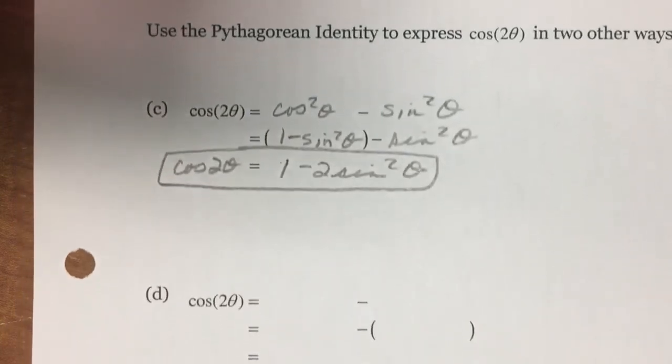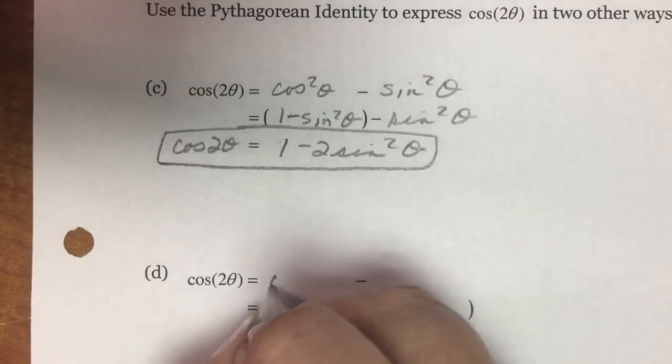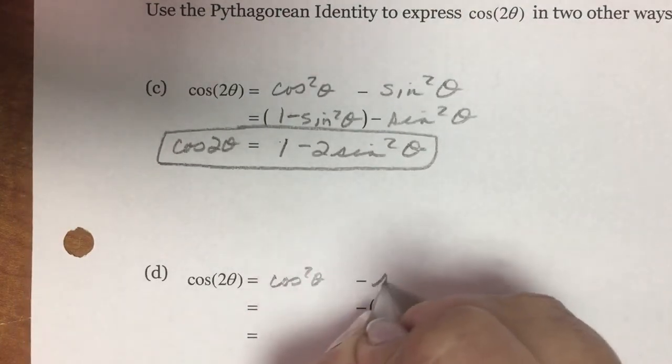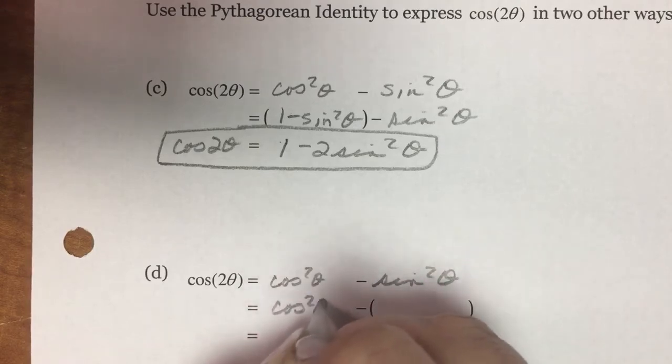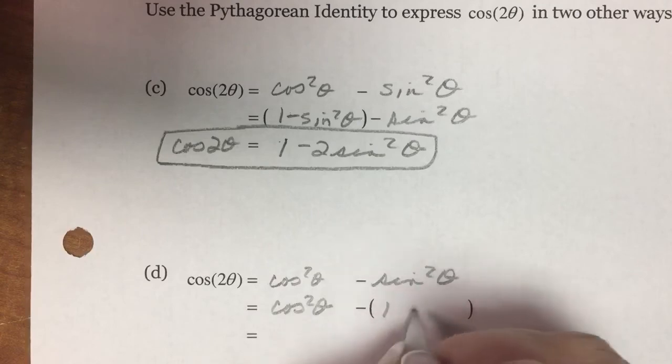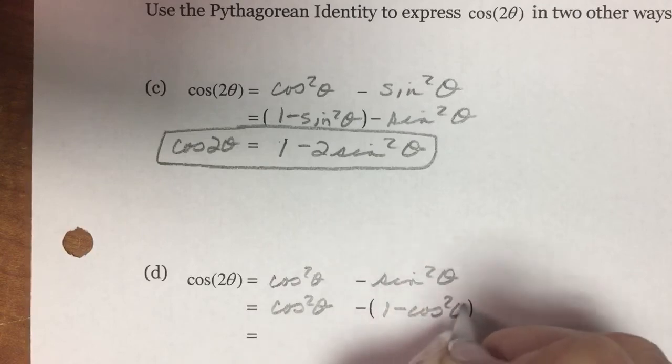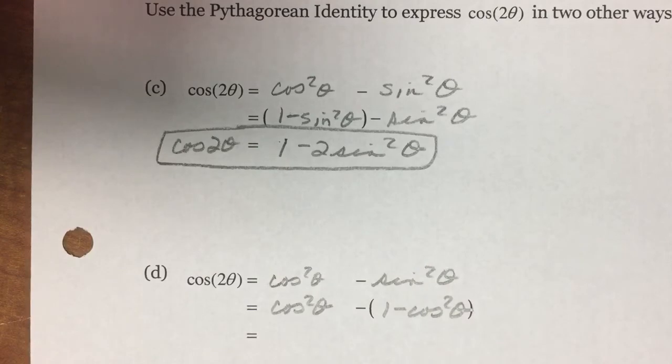And then to get D, the last one, you're going to again start off with cosine squared theta minus sine squared theta. But this time you're going to leave the cosine squared theta in there. And for sine squared theta, you're going to put in 1 minus cosine squared theta. Now, you have to be careful here. You have to distribute through this negative, so that's going to become a negative and a positive.